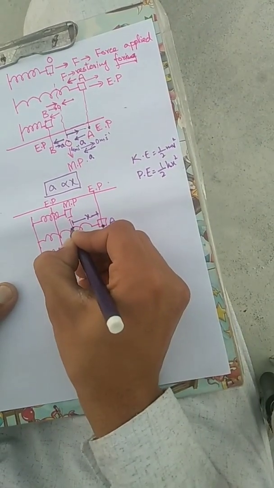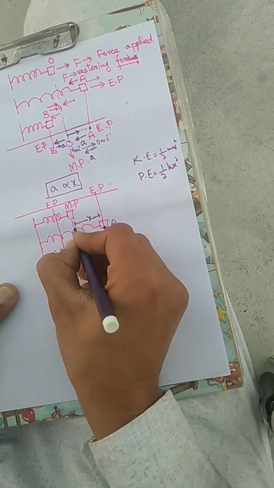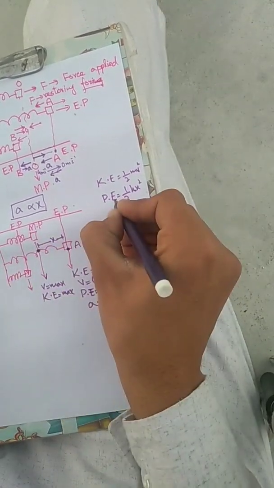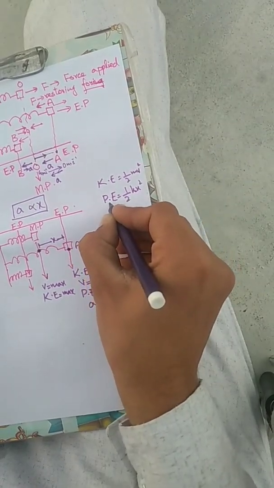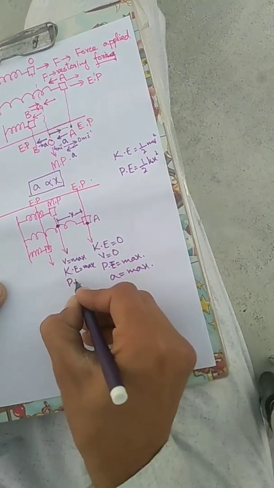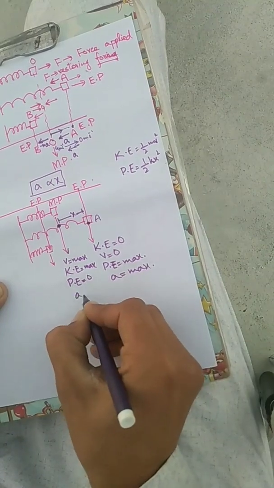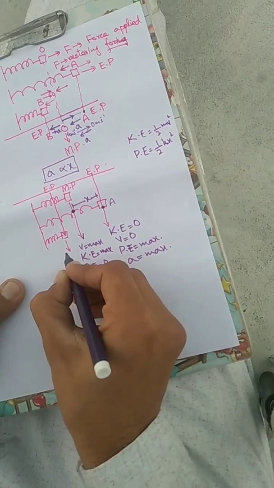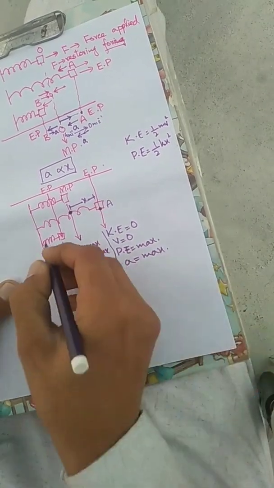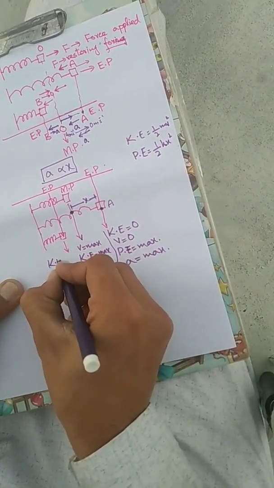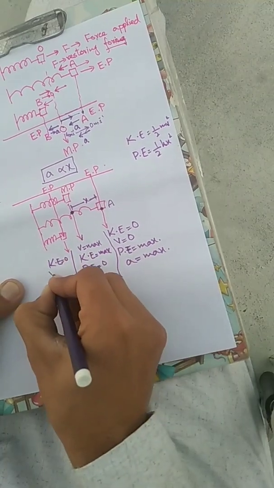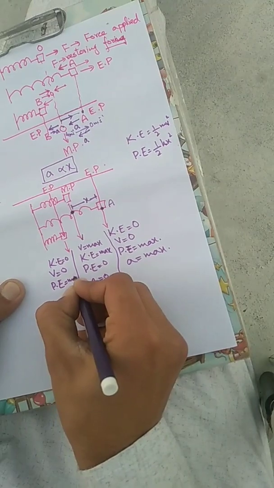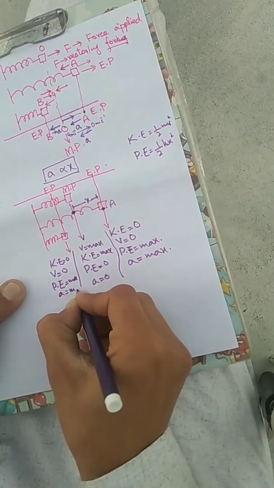Putting the value of x here, at the mean position the displacement is 0, x is equal to 0, and if we substitute this value in the potential energy equation, then potential energy becomes 0 and acceleration becomes 0. And the labeling for this extreme position would be the same as that of the other extreme position. Kinetic energy is equal to 0, velocity is equal to 0, potential energy is maximum, and acceleration is also maximum.